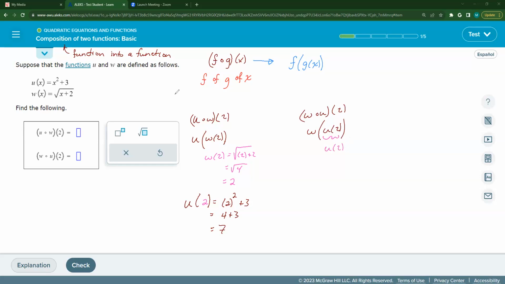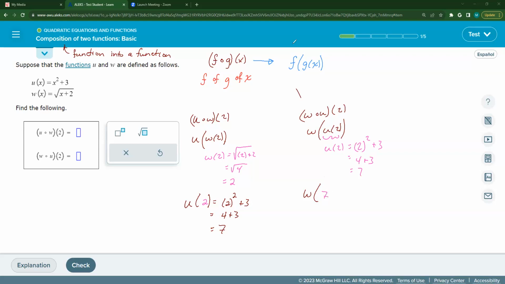Means going to the U equation, plugging in 2, which I actually know what it's going to be. So this is going to be 2 squared plus 3, which is 4 plus 3, which is 7. And then I'm going to plug that in. So I have W. Instead of U of 2, I know it equals 7.